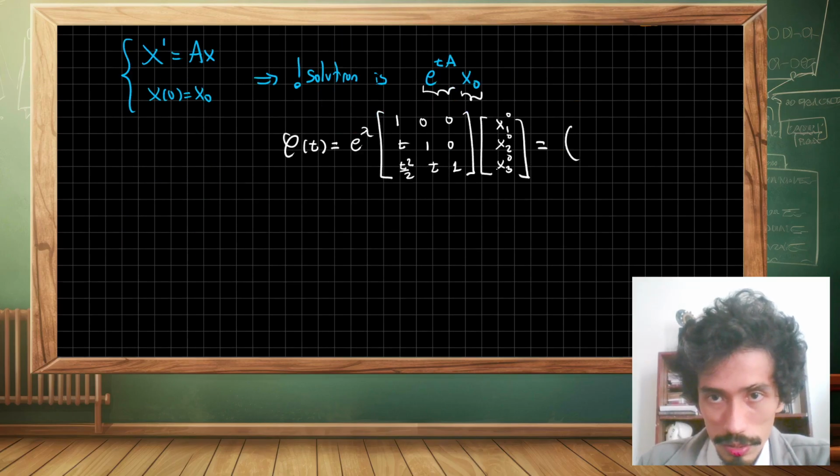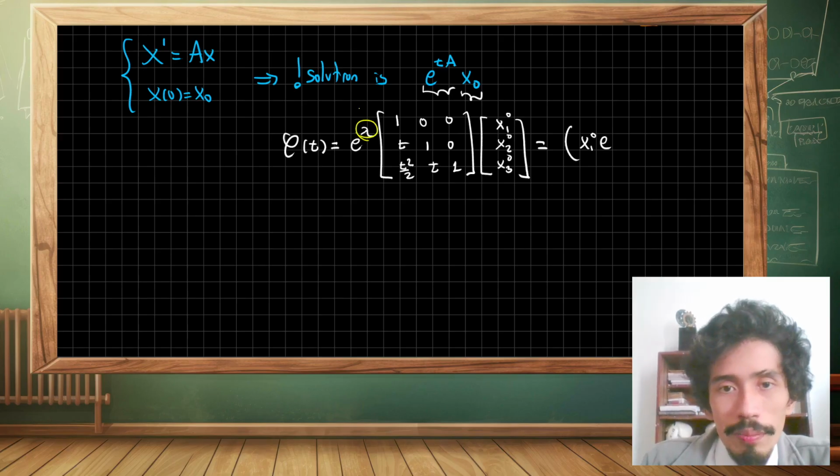You multiply this by this, and you can now replace this by its value, which is -2, right?